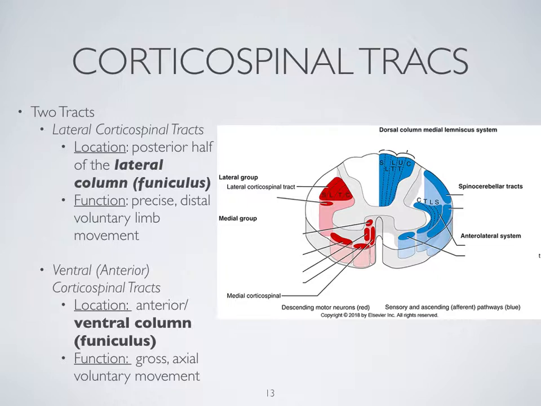Okay, so now we're going to talk about how these start to move from the cerebral cortex down to the spinal cord. Now that's going to be our upper motor neuron, and after that, it'll become a lower motor neuron as we cross over to our skeletal muscle.